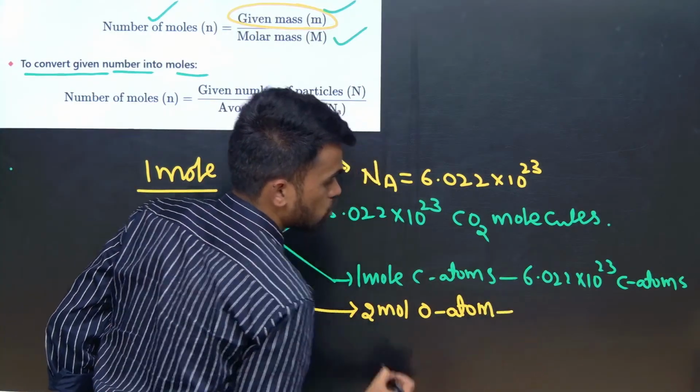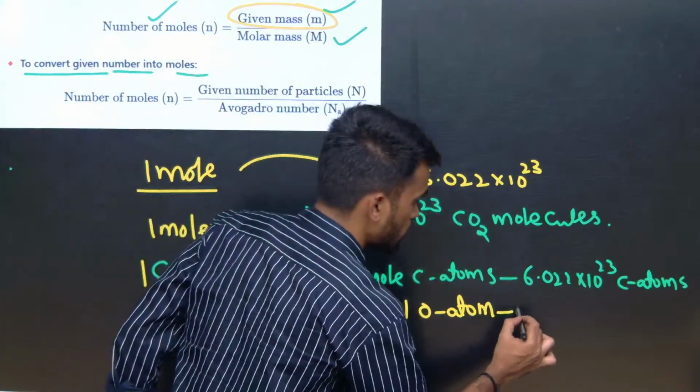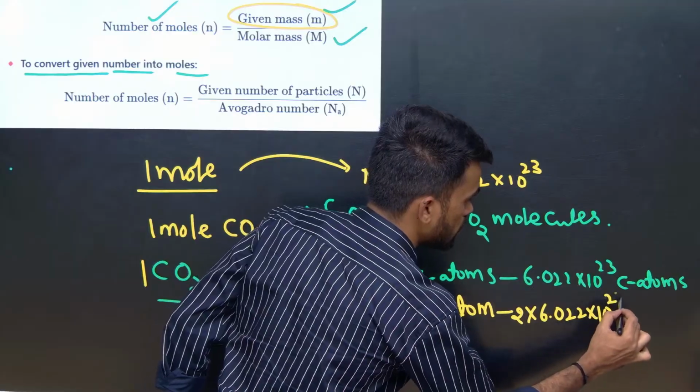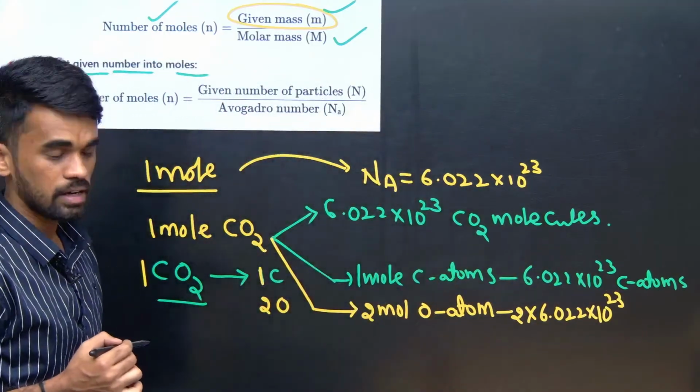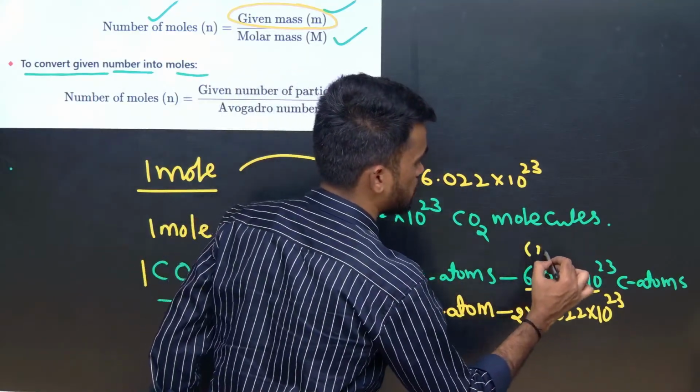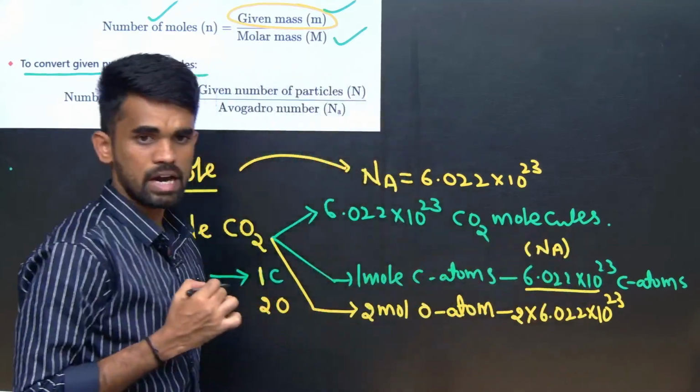It means 2 × Avogadro number, so 2 × 6.022 × 10^23. This big number, 6.022 × 10^23, we simply represent as Avogadro number Na.